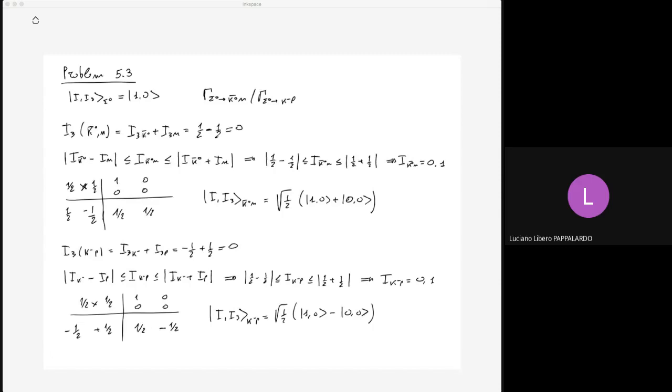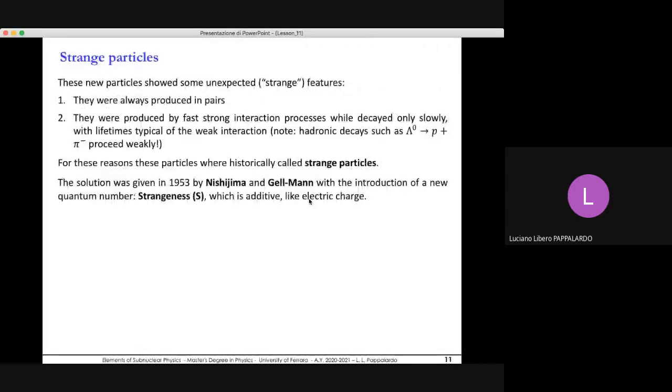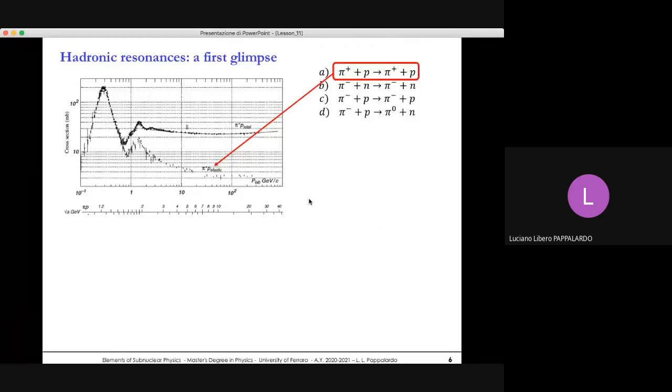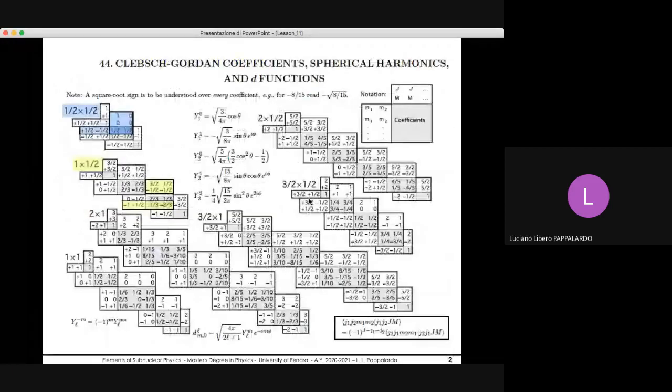So let's see together. Actually, let's move to the Clebsch-Gordan table.